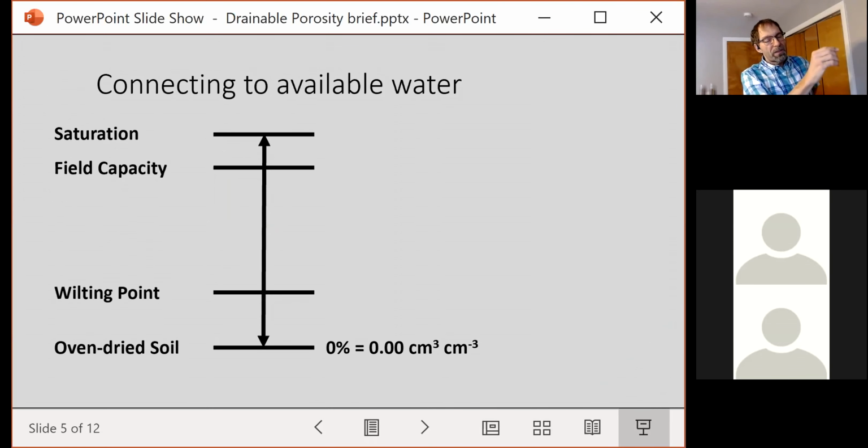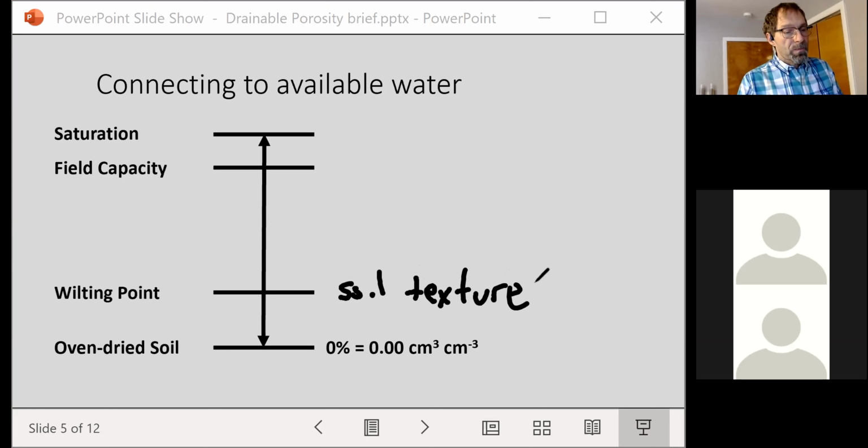All right, this is controlled by soil texture, and particularly the clay content, because the clays are the smallest particles.